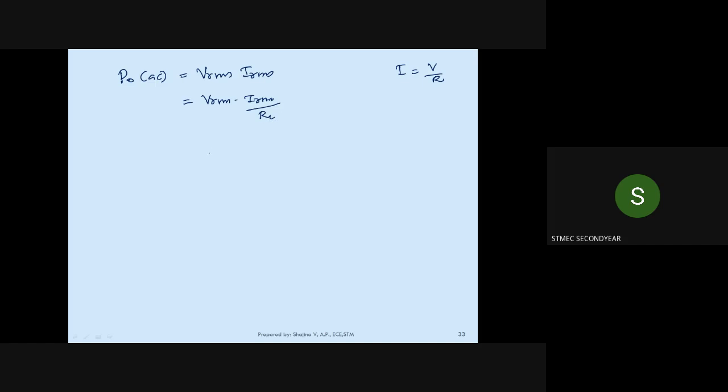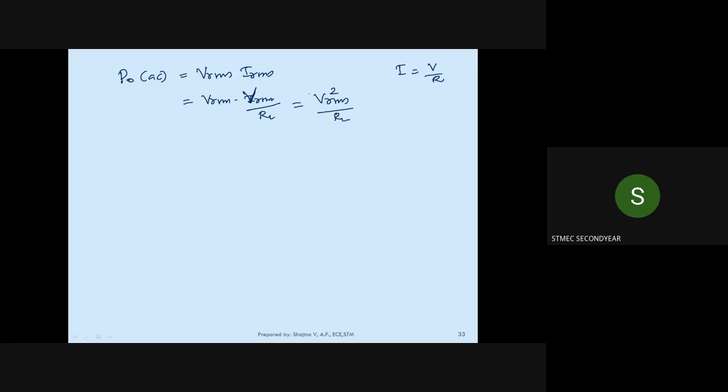Now we are available with the VM, the maximum voltage. From that VM, how will you obtain the RMS value? This is VRMS into VRMS divided by RL, or VRMS square divided by RL.